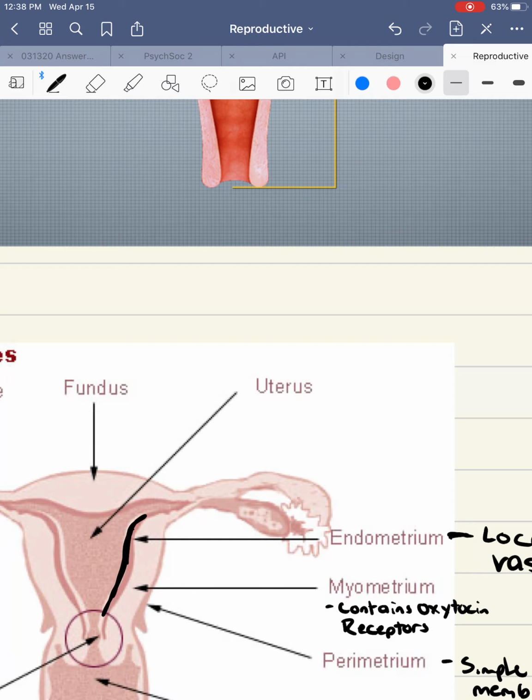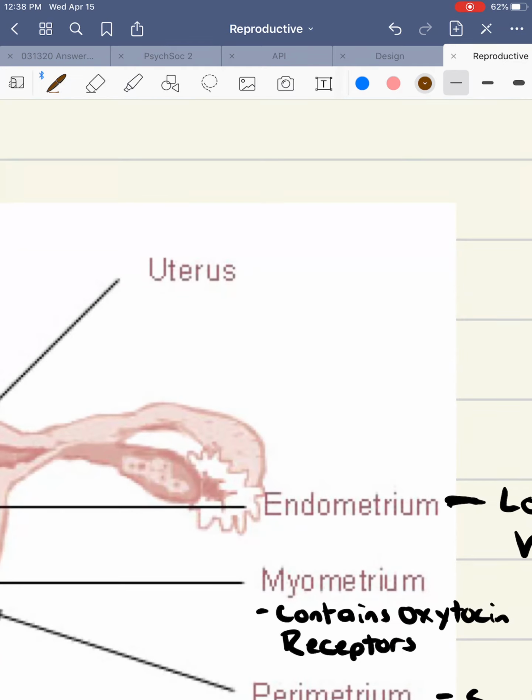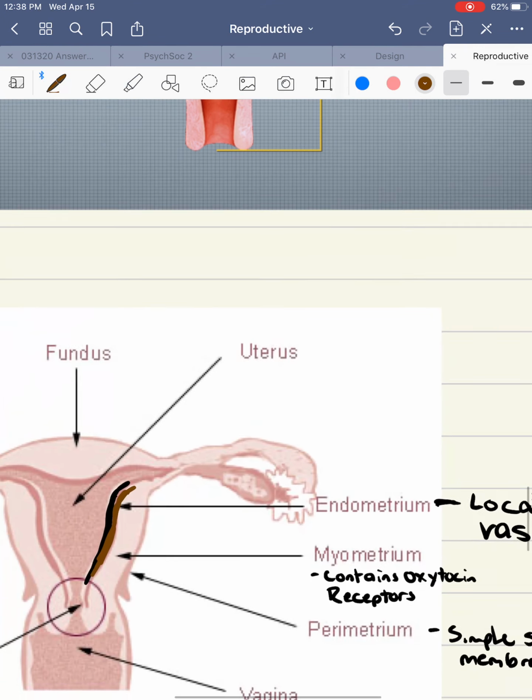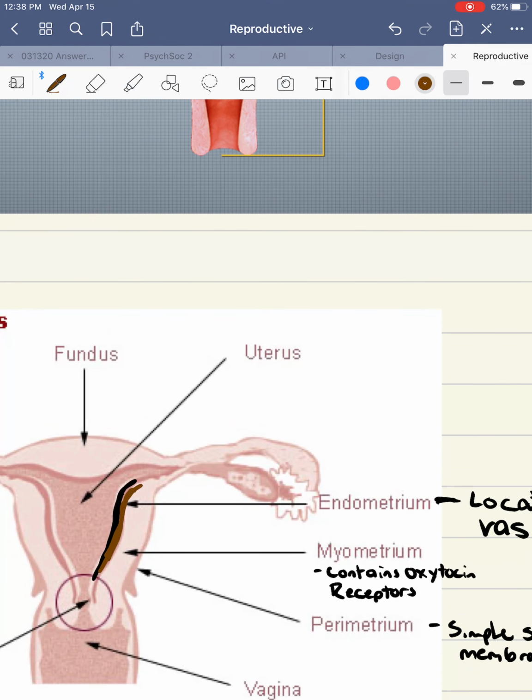She's also got, if we go 1 layer in, a myometrium, right? The myometrium, here I wrote, it contains oxytocin receptors. The myometrium, if you look at the word, myo means muscles, right? And those muscles will contract and relax. They're smooth muscle, right? What's going to bind onto it?